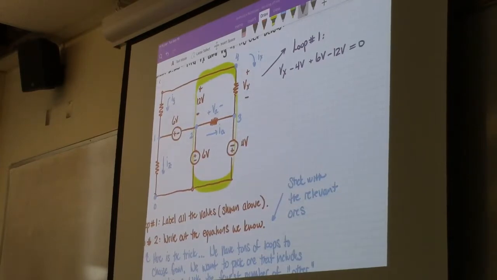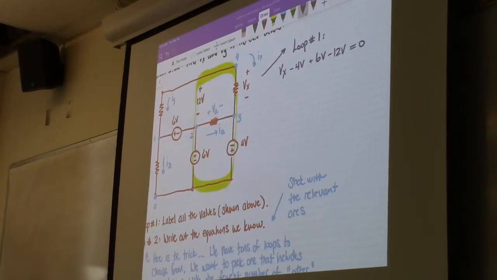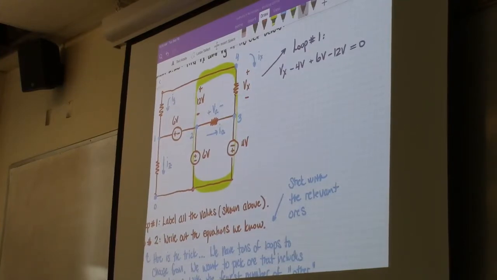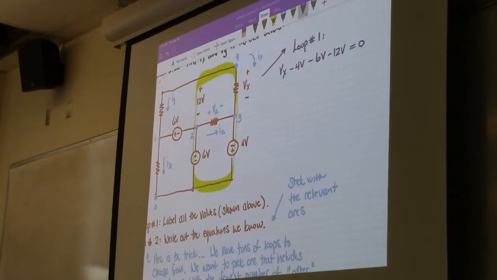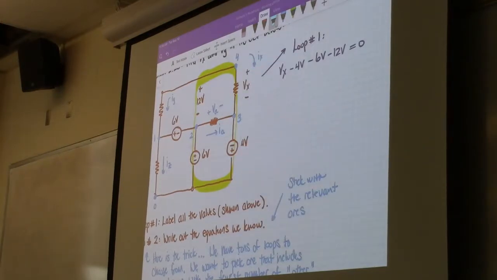So we have Vx, so plus minus, minus plus, minus plus, that should be a negative again. So plus minus, minus plus, minus plus, minus plus.